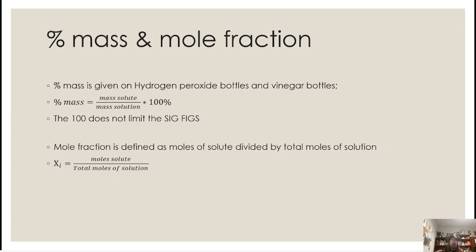Essentially it's the mass of a part over the mass of the whole. Percent by mass would be, in this case, the mass of the solute, which is a part, over the mass of the solution, which is the whole. The solution is the solute and solvent together.